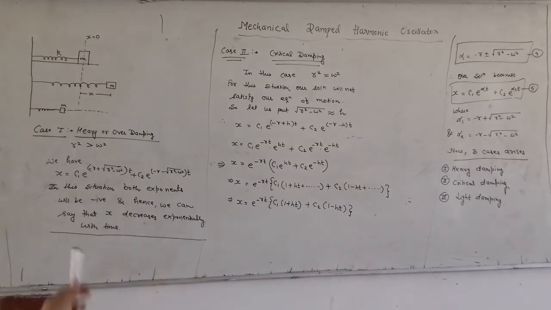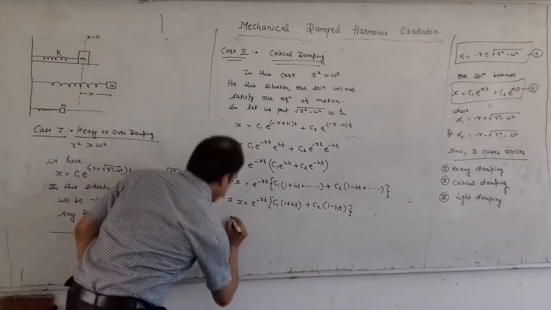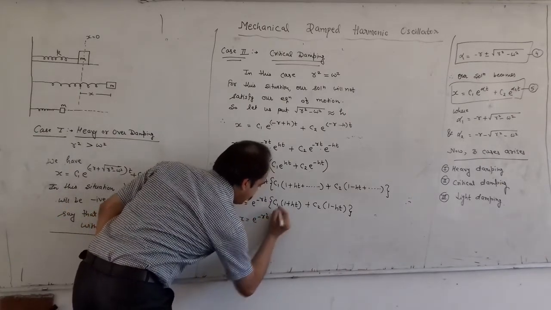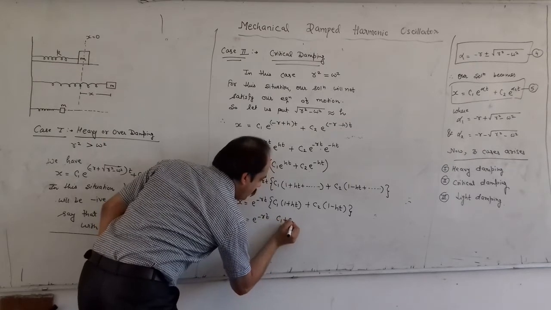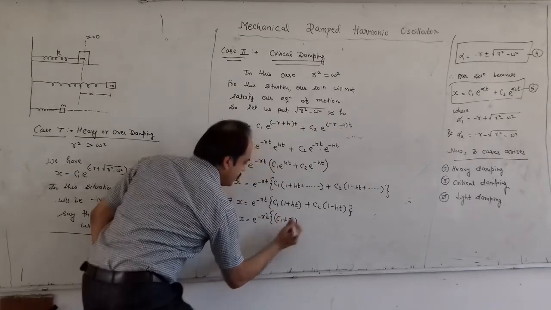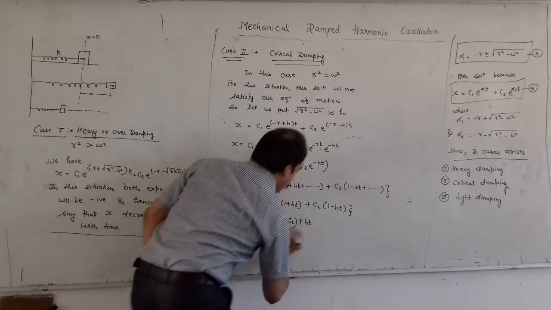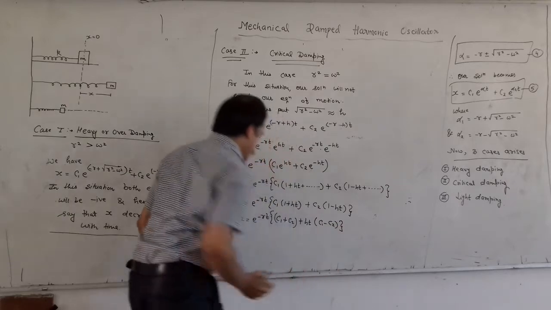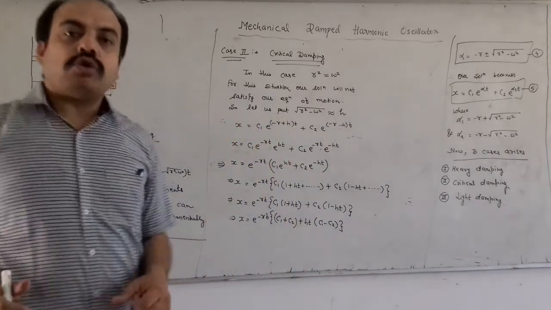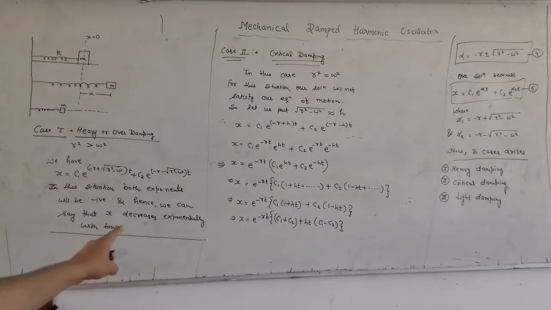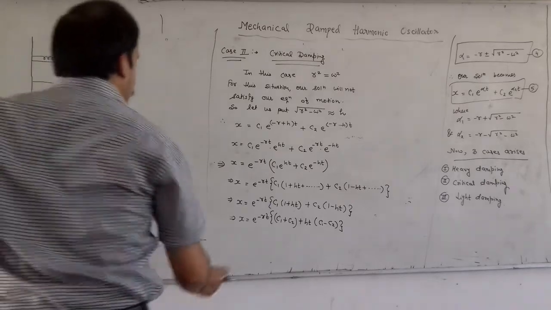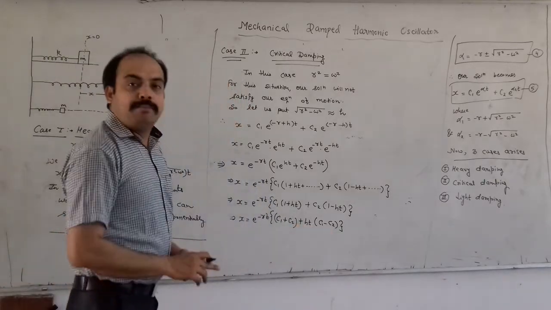Now we can write c1 plus c2 on one side. We can write x is equal to e to the power minus rt times c1 plus c2, and plus ht again common, and we will have c1 minus c2. So our solution becomes x is equal to e to the power minus rt times c1 plus c2 plus ht times c1 minus c2. We can take this as a and this as b.